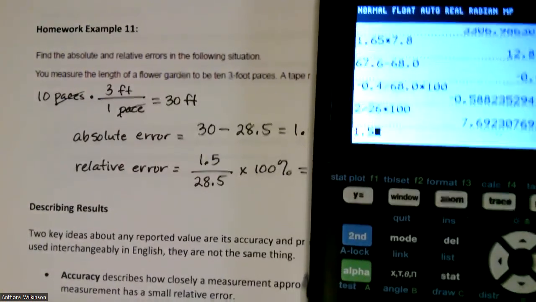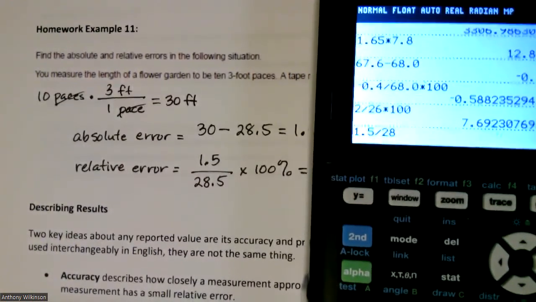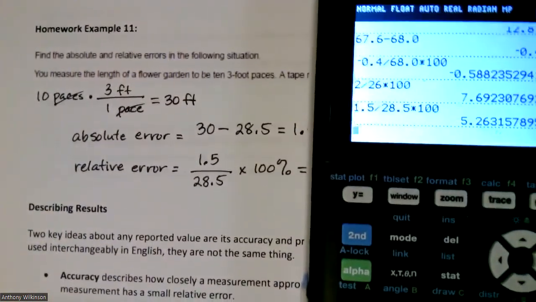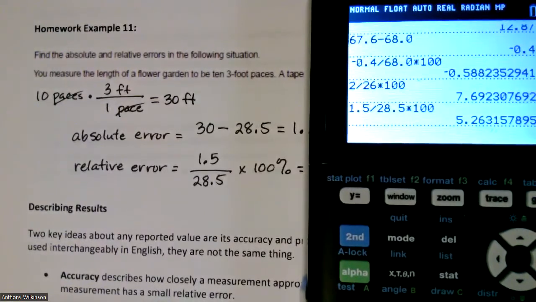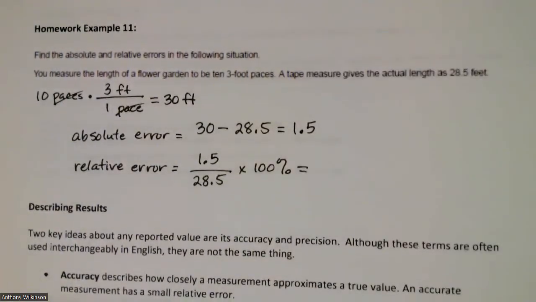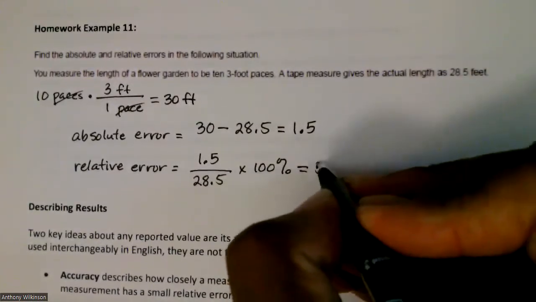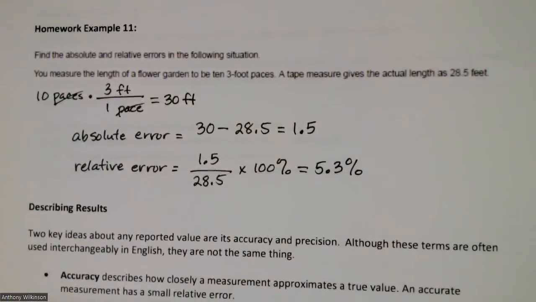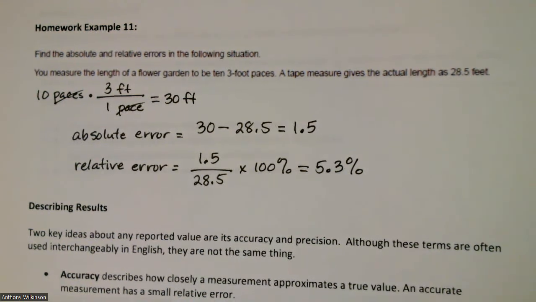So if I do 1.5 divided by 28.5 times 100, to one decimal place, this will be approximately 5.3%. So the relative error there will be 5.3%. Okay, so that's how we find the absolute error and then the relative error.